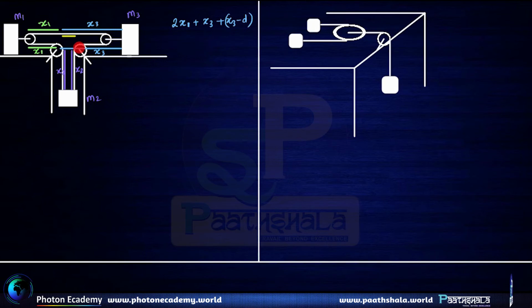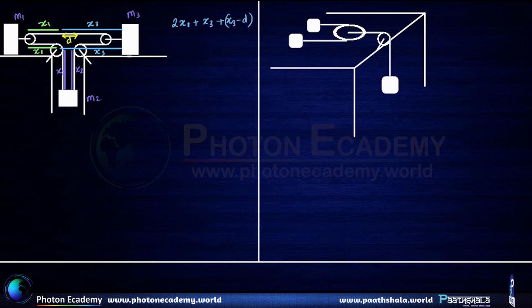So this much part of the length of the string is x3 minus d, wherein d is this small length, the length of the string between the two pulleys, that happens to be constant in this particular case, plus 2x2. So this happens to be the length of the string L.